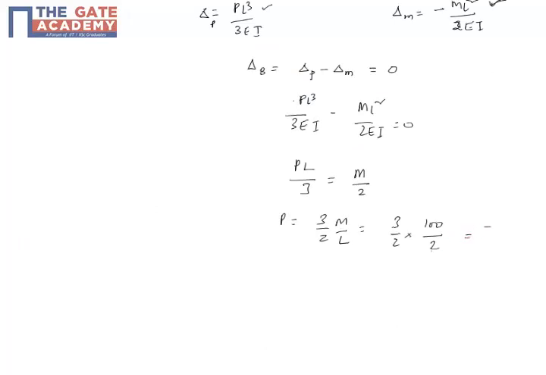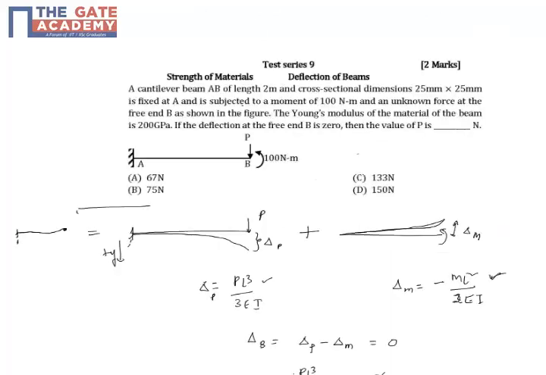So it comes to 75 newtons. So the load has to be exactly 75 newtons to get deflection 0.